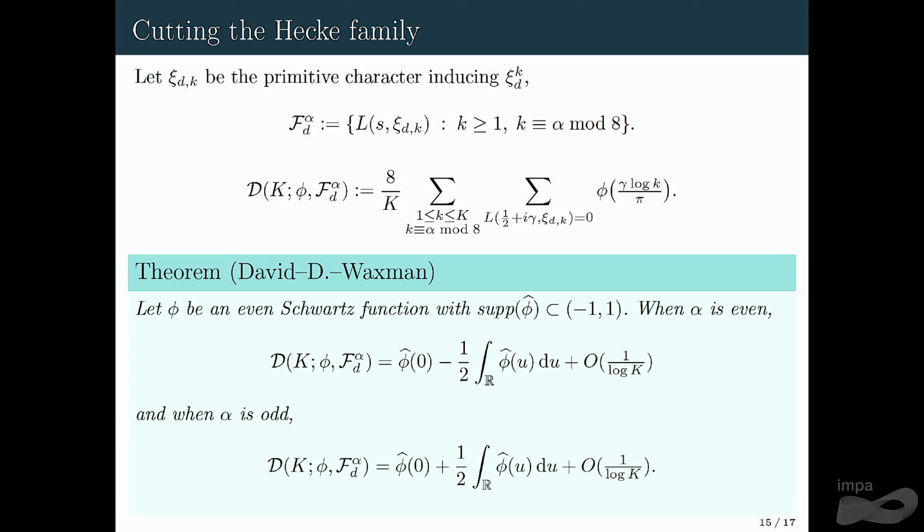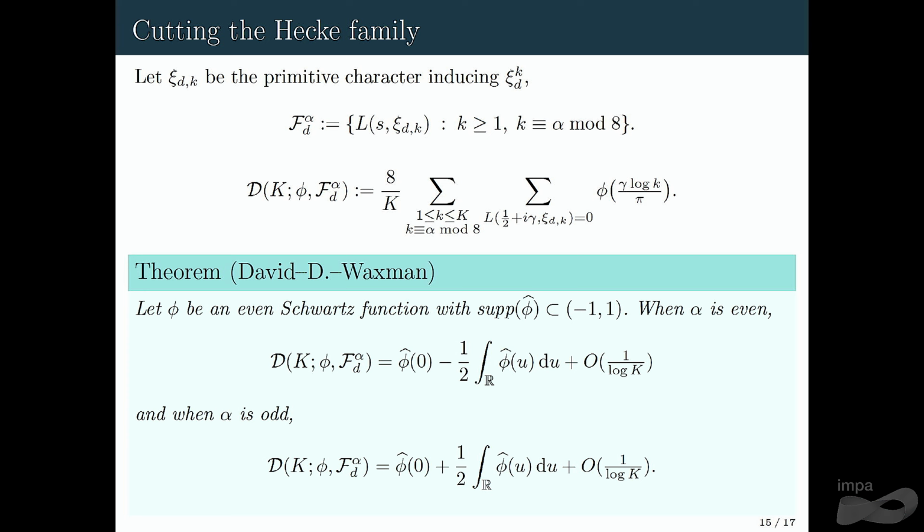And since this family has signs that are kind of weirdly distributed, we discovered that the correct way to study this family is to separate according to the sign of the functional equation. And the good way is to look at the powers modulo 8, contrary to what I had in the previous slide where I was looking at congruence classes modulo 4 of the power. For D equal to 1, you need to look at congruence classes modulo 8 to separate the signs.